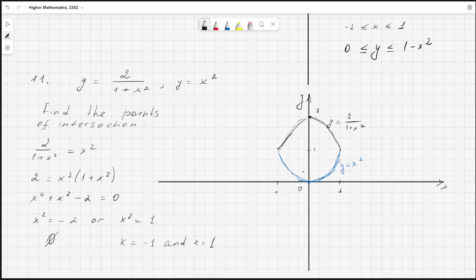It means x changes from -1 to 1, from -1 to 1. And y changes from this line, y is x squared, to this line, y is 2 over 1 plus x squared.